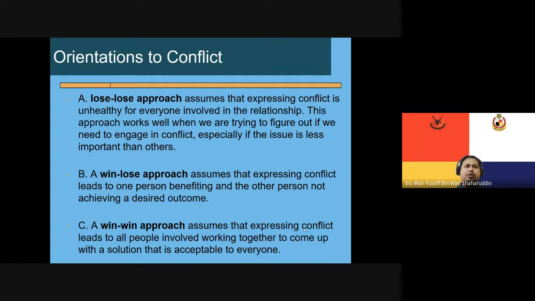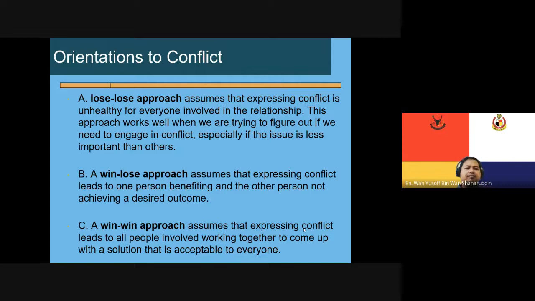For example, if we have a very small issue, like just choosing the bed frame that we want to use, or maybe choosing the color of the shirt you would like to wear, you will tend to use the lose-lose approach, whereby you just neglect the conflict because you think it is not worth fighting over or getting involved with.